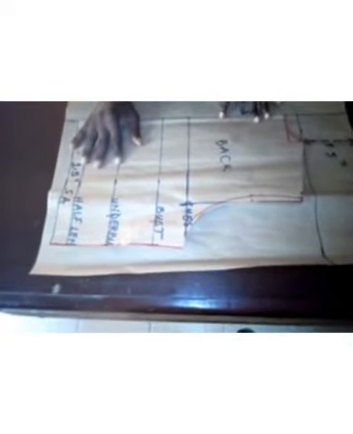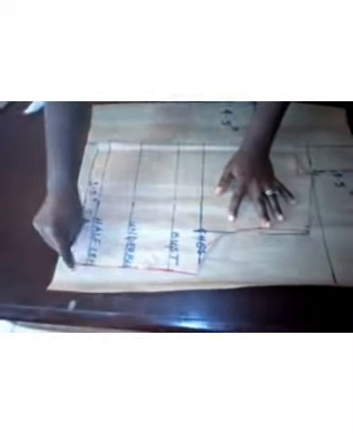So now you place the back pattern against the lines you have made for the front block. You place your back pattern, and then you're just going to trace out the back pattern on the front pattern. Okay, so that's the back pattern on the front.